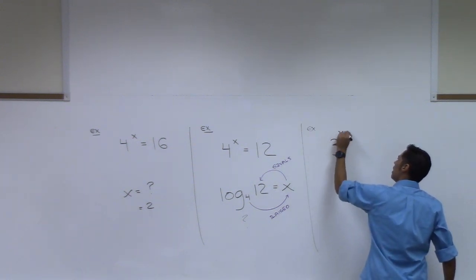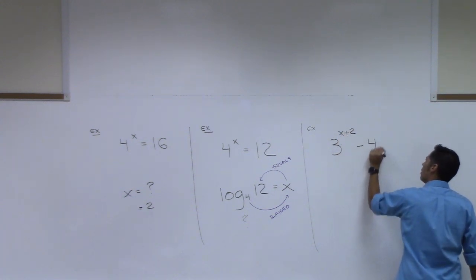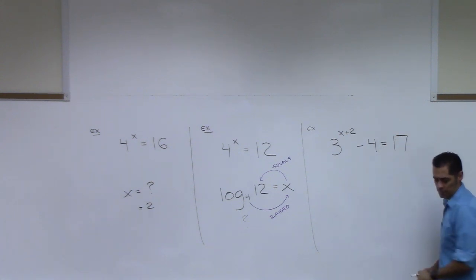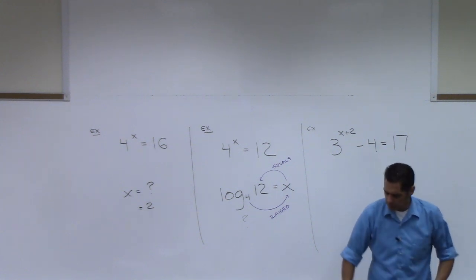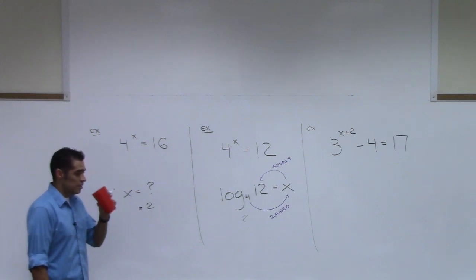Okay, what about this? 3 to the x plus 2, minus 4 equals 17. Frank, what type of equation is this, Frank?